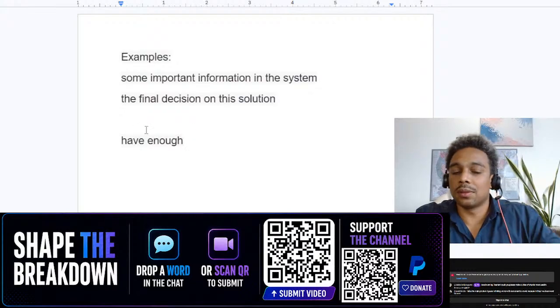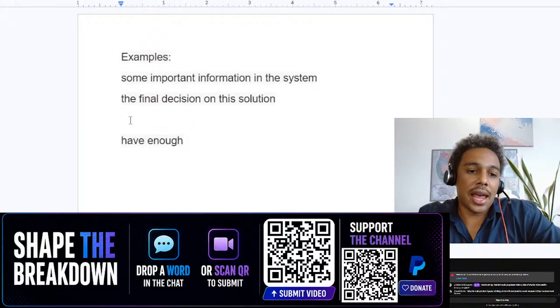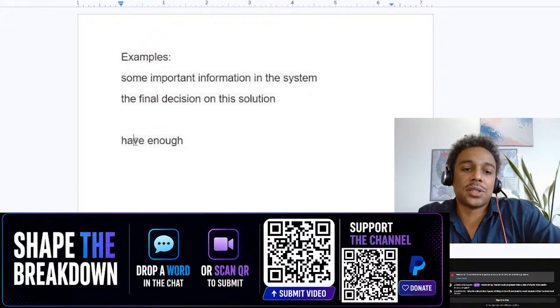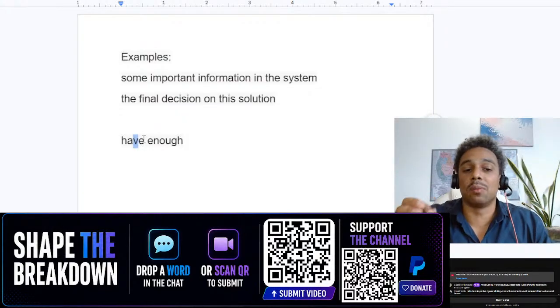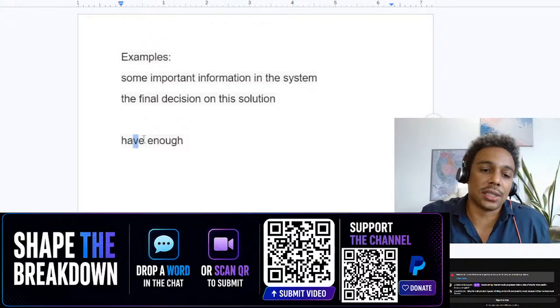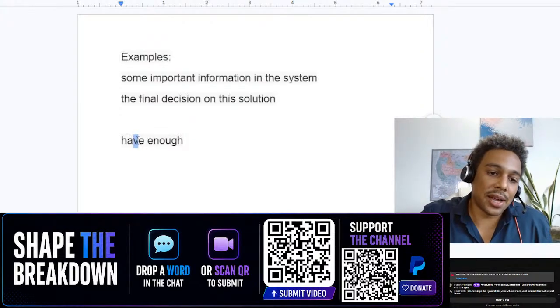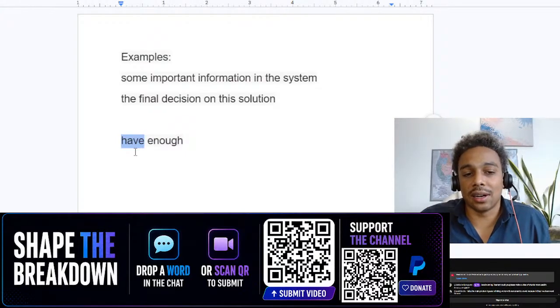So consonant to vowel linking, like we mentioned in the chat. Anytime you have a word that finishes with a consonant sound, that's the key, the sound, because silent letters don't affect pronunciation. So here the E is silent, so it has no effect. He pronounced each word individually. He said "have enough."